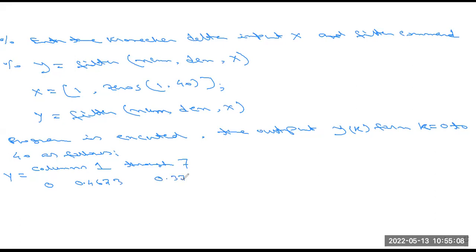This process continues, k is equal to 2, then k is equal to 3, then k is equal to 4, then k is equal to 5, then k is equal to 6. So these values change differently. Okay. So columns 1 to 7, then columns 8 onward, some values are also given.